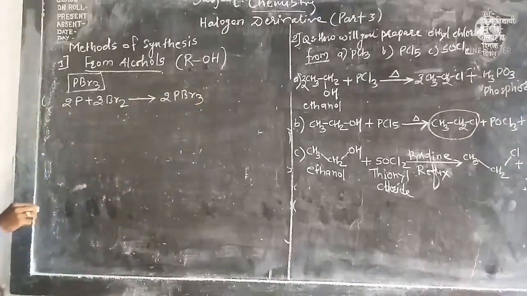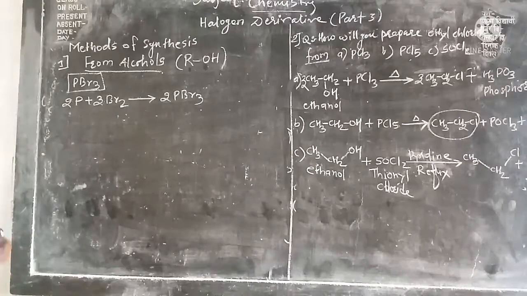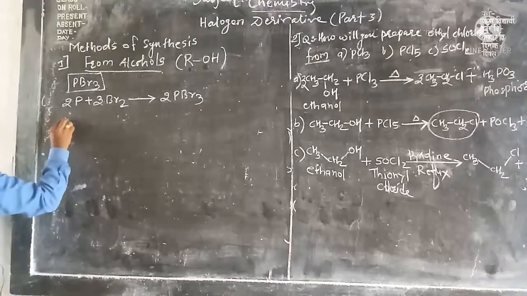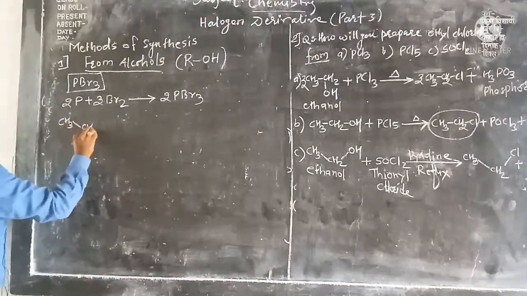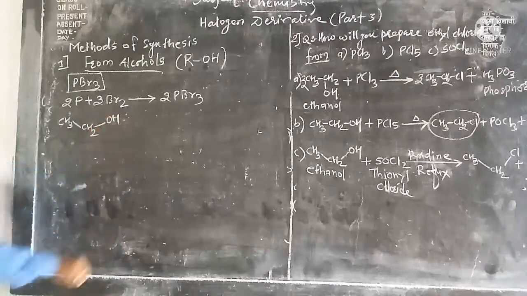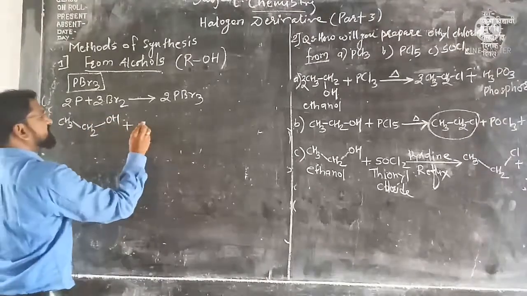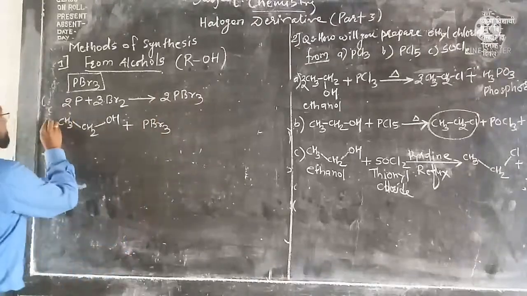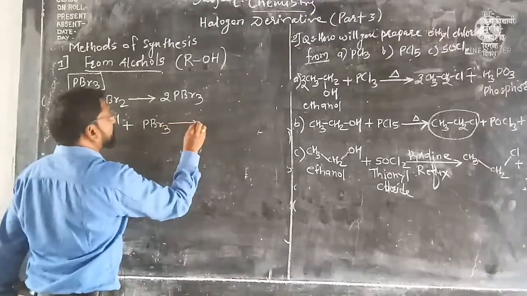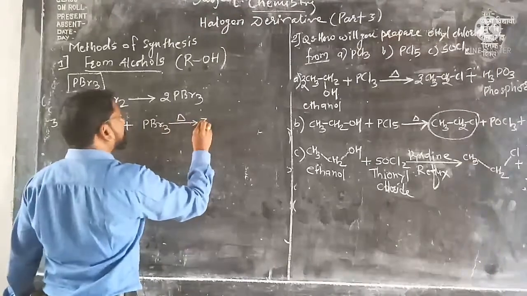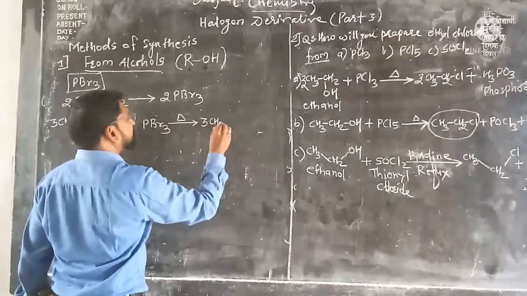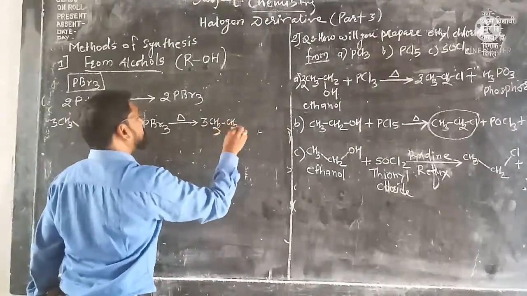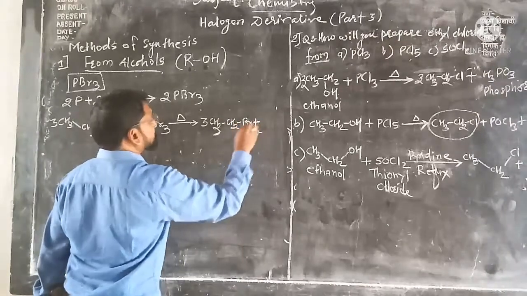The same reaction will be there: CH3CH2OH plus PBr3, just like PCl3, take 3 molecules, and on heating you will get the desired product CH3CH2Br plus H3PO3.